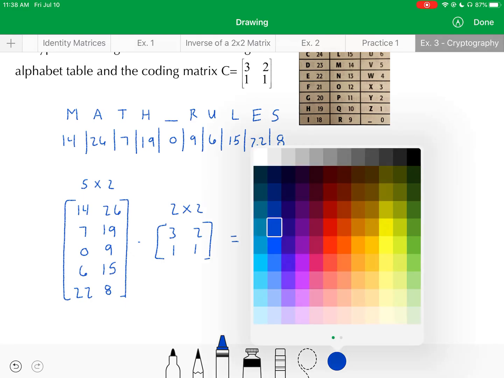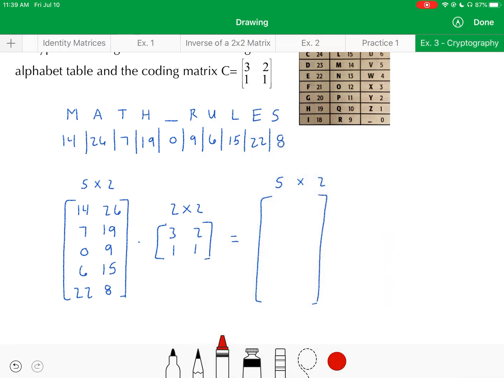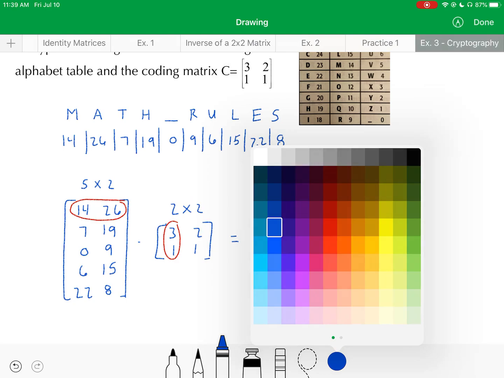All right, so let's say we want the first row, first column element. We know we'd have to take these elements of 14 and 26 and work with them in conjunction with the 3 and the 1. So 14 times 3, if you add that with 26 times 1, you're going to end up with 68.